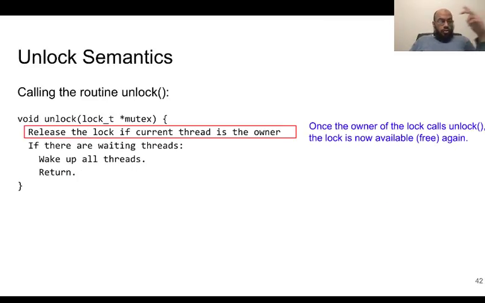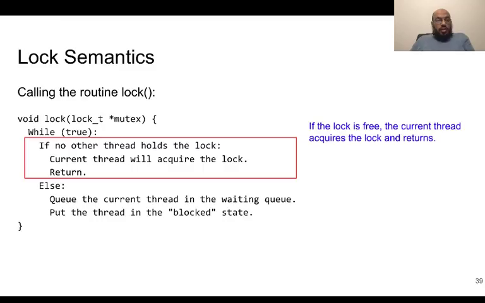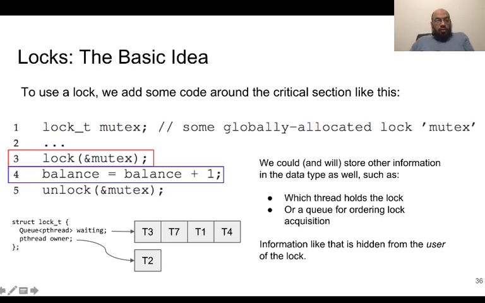Similarly, for unlocking, this is the logical implementation of how the unlock function is implemented. When unlock is called, it checks if the current thread is the owner of the lock, because maybe someone will just try to unlock a lock. Let us go back to this code.